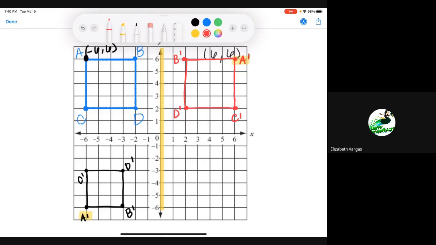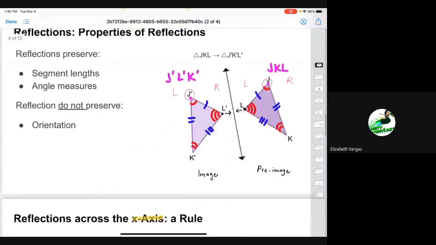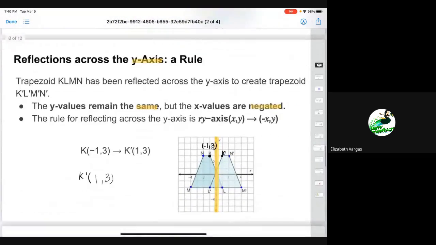So that's why it's important to know these mapping rules to be able to determine where the pre-image gets mapped after a specific type of reflection. Okay. So that's the reflection across the y-axis.